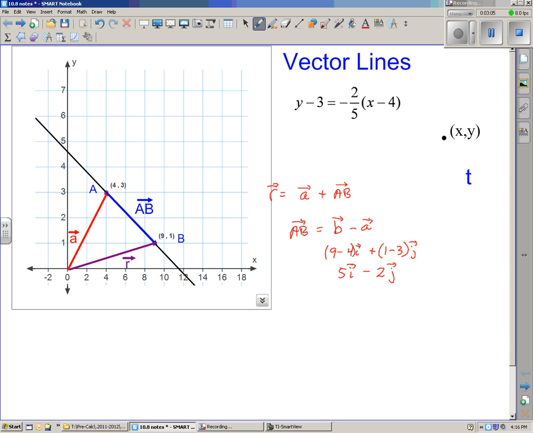And you might notice that those numbers 5 and negative 2 are the exact same numbers that we had in the slope. So that's a really similar idea, a vector way of talking about slope.